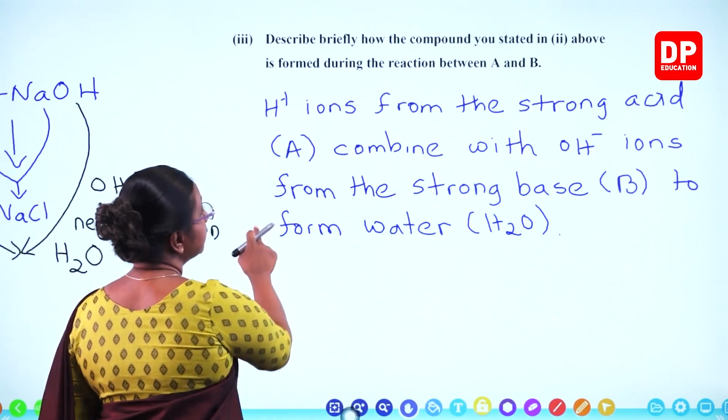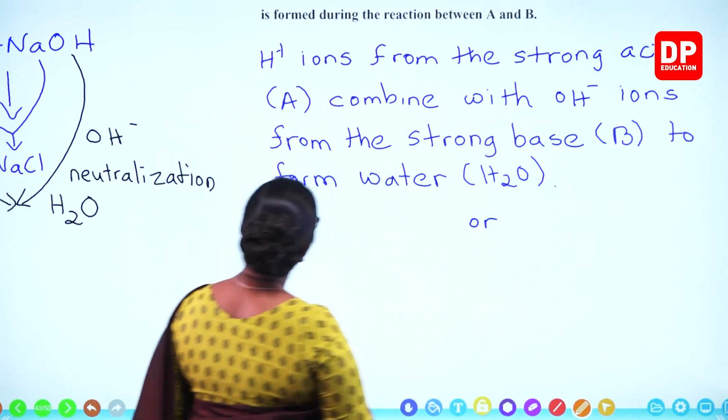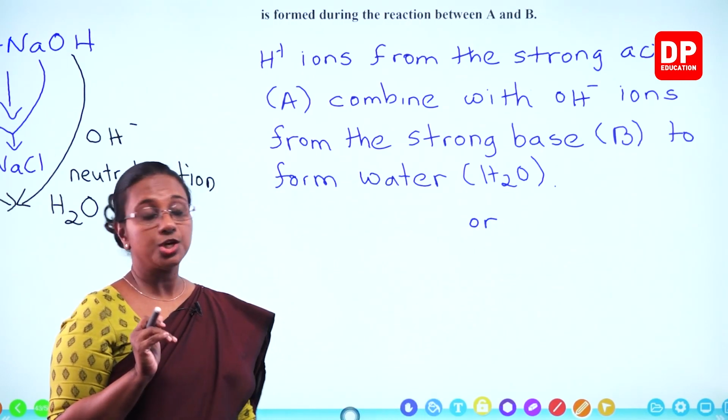You can write this explanation, or you can write the equation also.